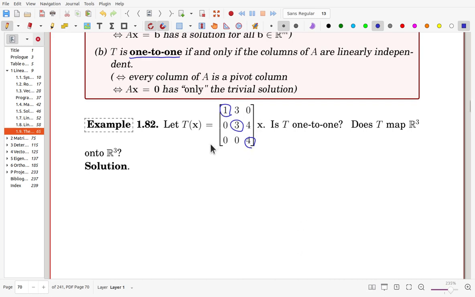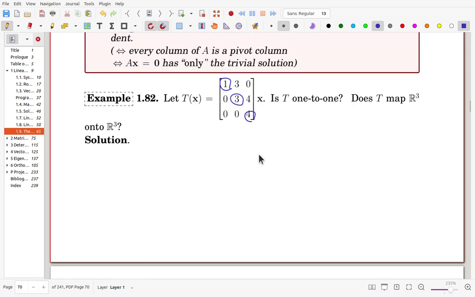Every row has a pivot means that for any right side b, the augmented matrix has a solution. So existence, which means the mapping is onto. Each column has a pivot, which means that the solution must be unique because there is no free variable. Okay? So for this transformation, it's both one-to-one and onto.